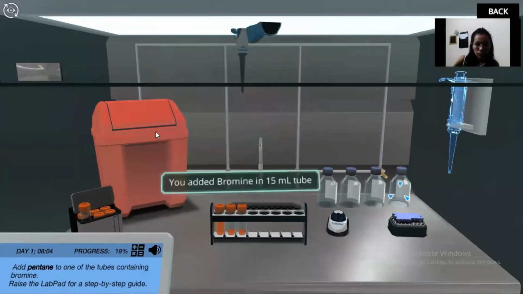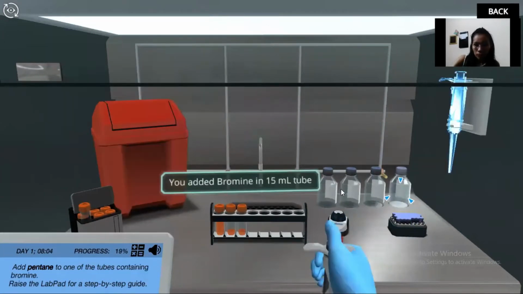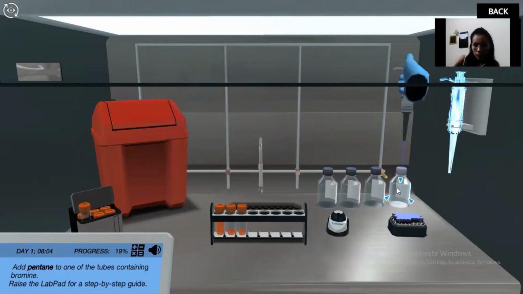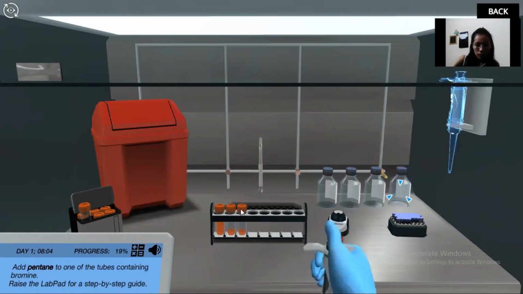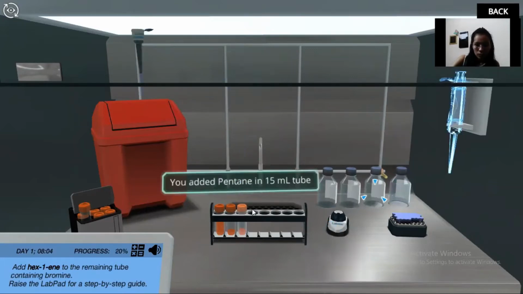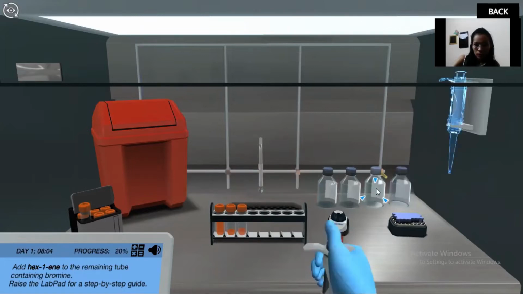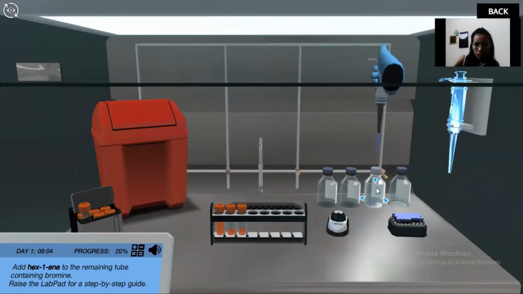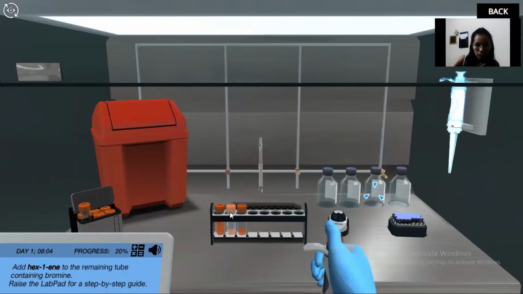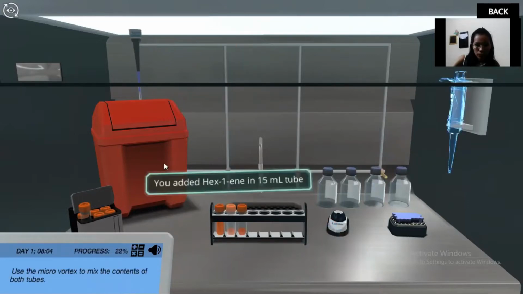Add pentane to one of the tubes containing bromine. Add hex-1-ene to the remaining tube containing bromine. Use the microvortex to mix the contents of both tubes.